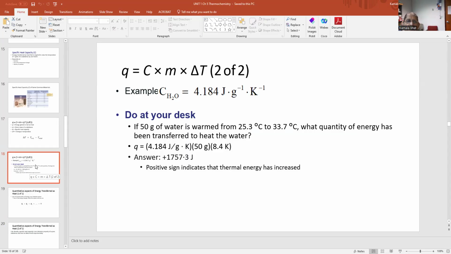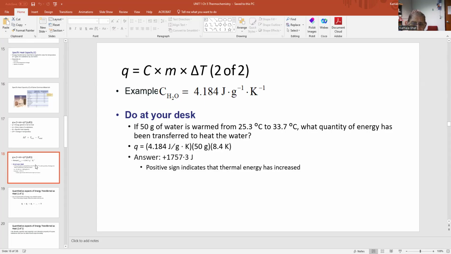So we have Q = c × m × ΔT, where c is 4.184 joules per gram per degree, m is 50 grams, and ΔT is 33.7 take away 25.3, which is 8.4 degrees.